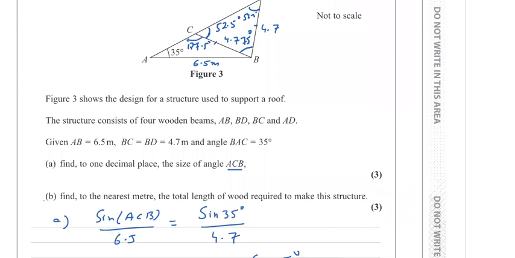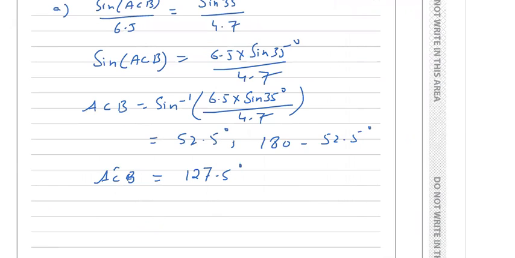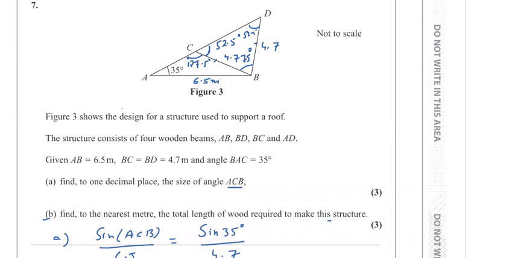Now part B is saying find to the nearest meter the total length of the wood required to make the structure. What will be the total length of the structure? It will obviously be this side AB plus BD plus AD plus BC.